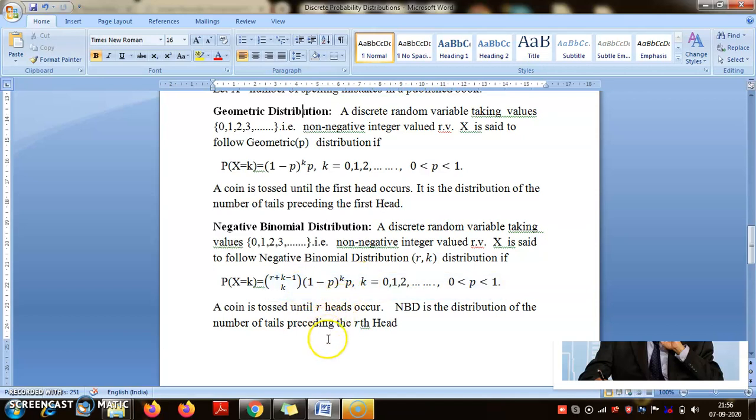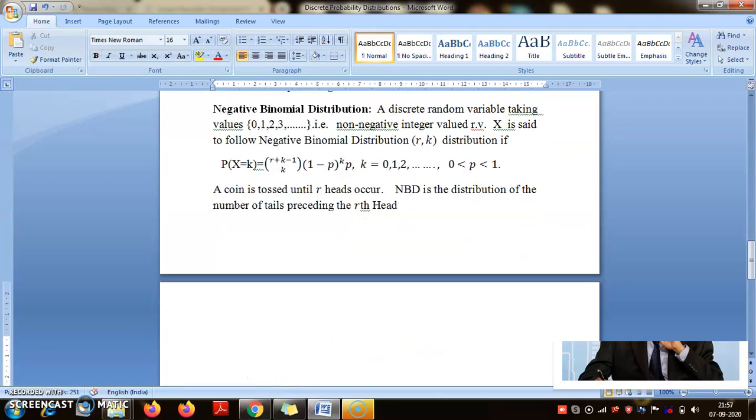For that, you need to know the expansion of 1 minus x raised to the power minus r, where x is a number between 0 and 1.